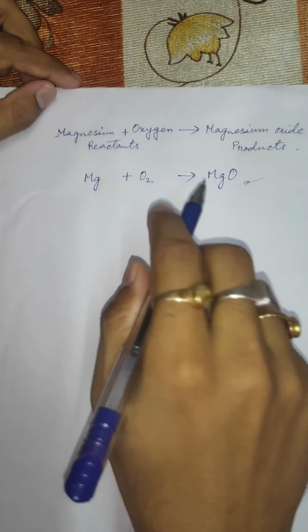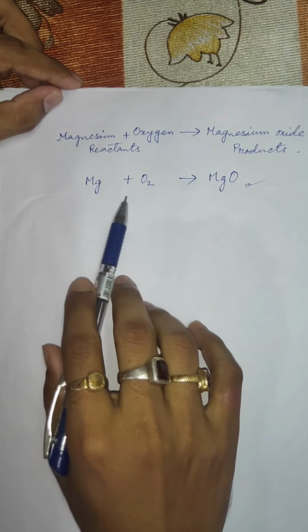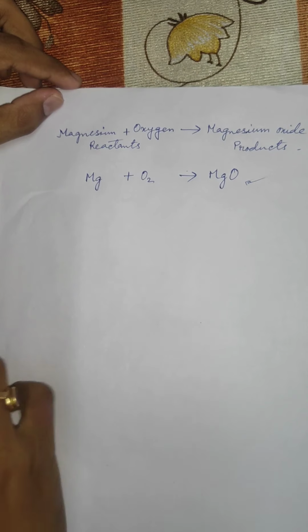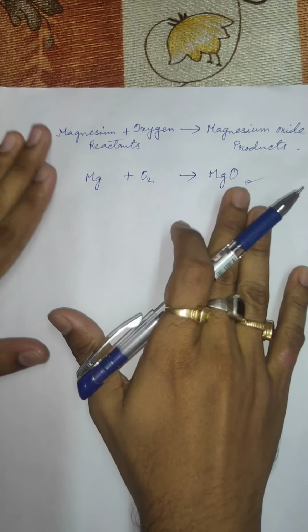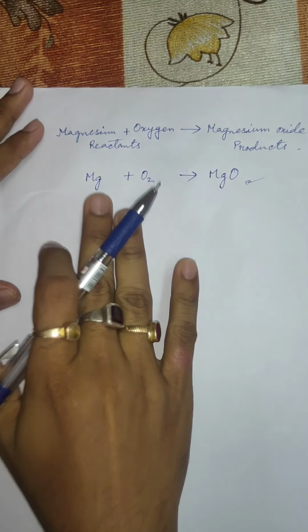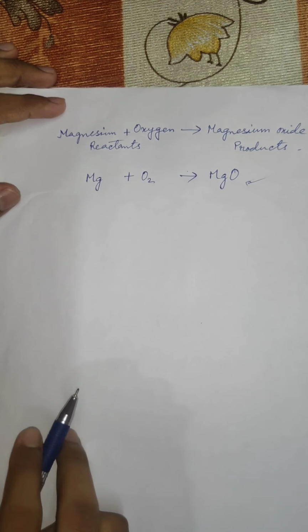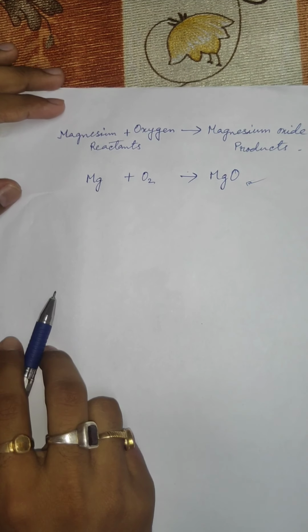So the total mass of the elements present in the products of a chemical reaction has to be equal to the total mass of the elements present in the reactants. That means the total mass on the reactant side must be equal to the total mass on the product side. So from this concept we need to balance. Balancing is nothing but equalizing the number of atoms on both sides. This is the balancing of chemical equations.